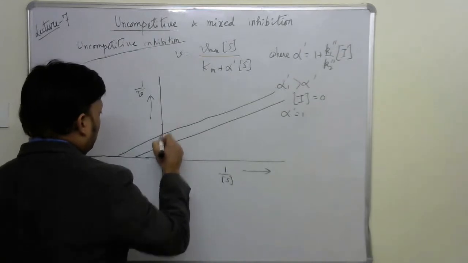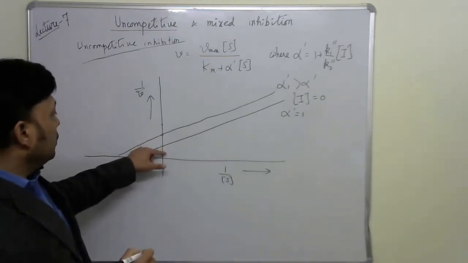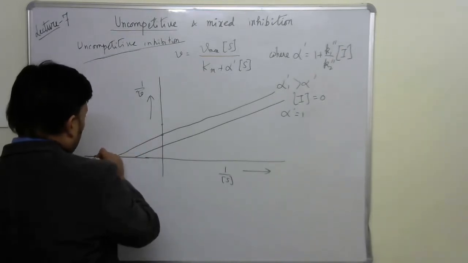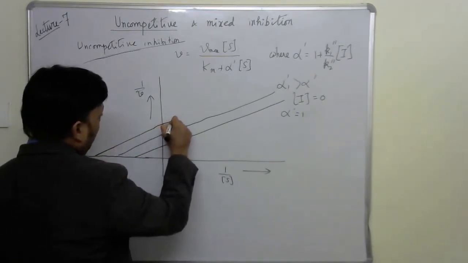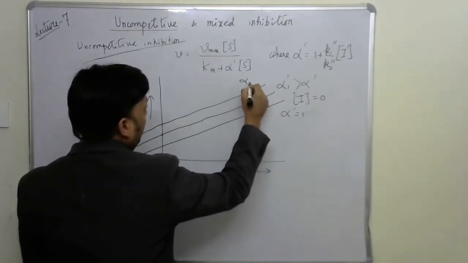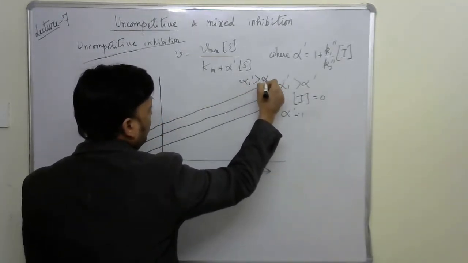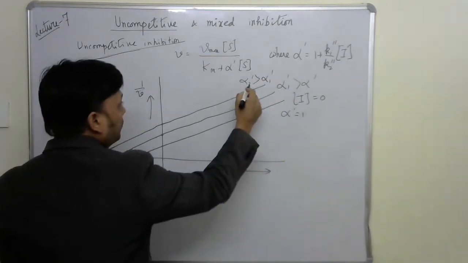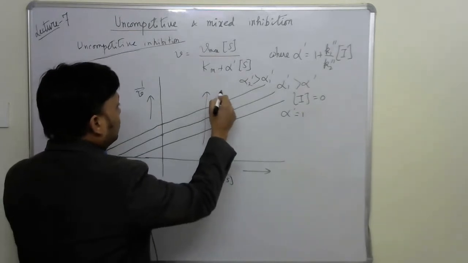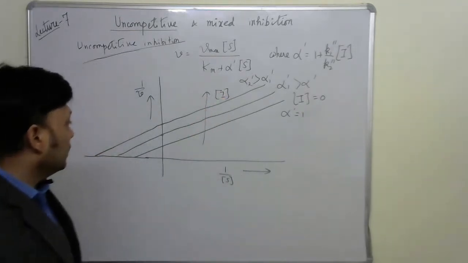Let's assume that the new intercept is this one, and therefore once again we draw a parallel line like this, and this time this is alpha 2 prime, which is greater than alpha 1 prime. So this curve has been drawn with increasing concentration of I.